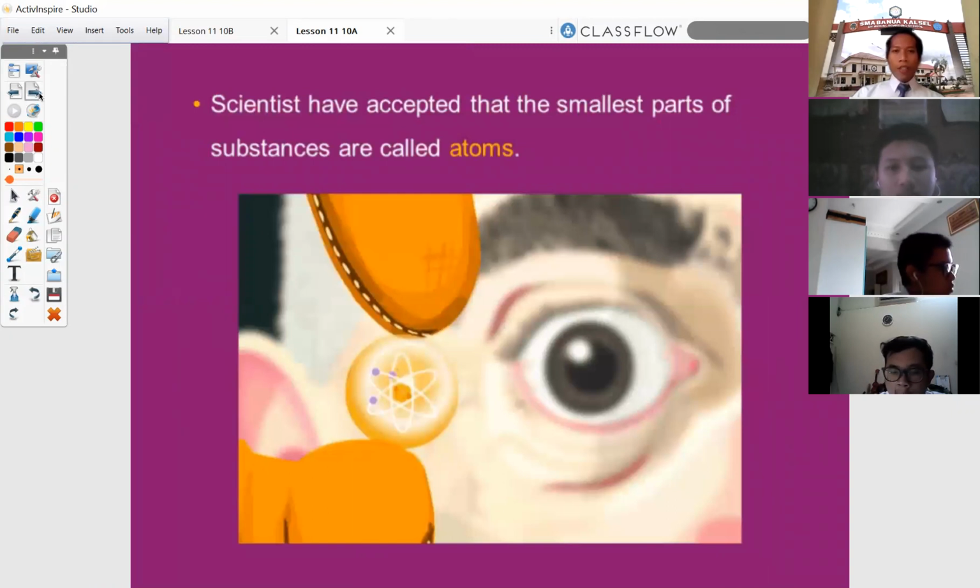Okay, let's start with the word atom here. The word atom is very important. What does it mean? Firstly, all the scientists have accepted that the smallest part of a substance is called the atom. It is very, very, very small. Even you cannot imagine how small the atom is.